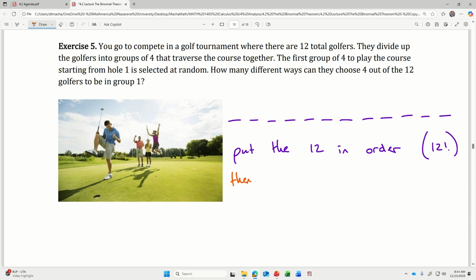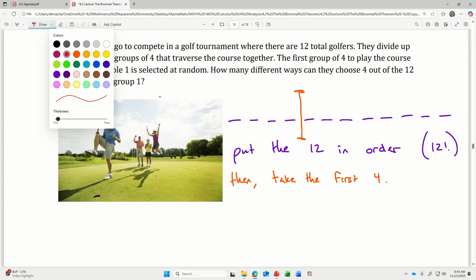Then take the first 4. Which means I'm going to draw like a partition here between the first 4 golfers and the last 8 golfers.